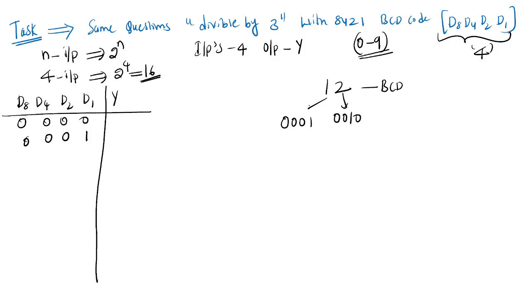There is a concept of valid BCD and invalid BCD; I will tell you when we discuss the BCD adder. Okay, sir. So this task you can do, no? Yes, sir, we can.